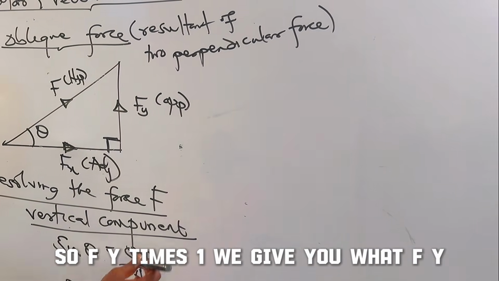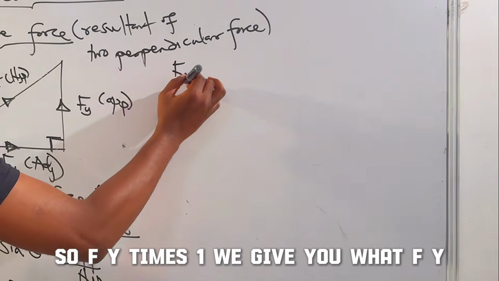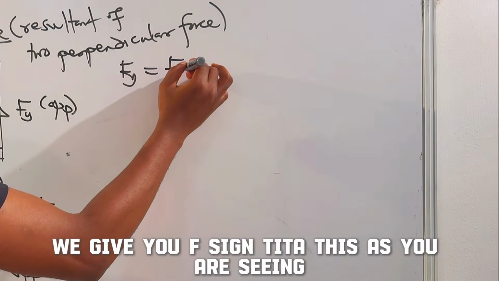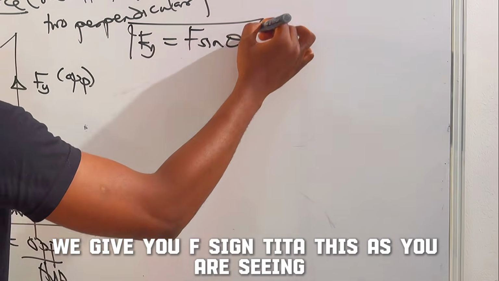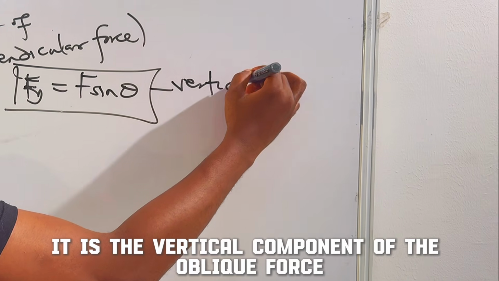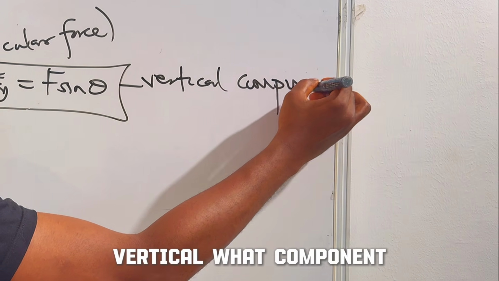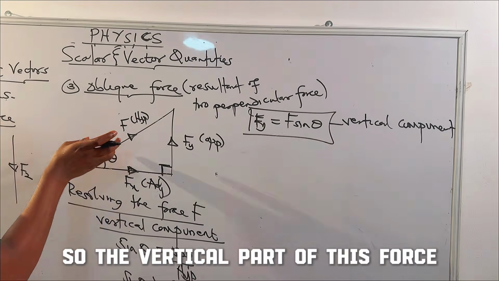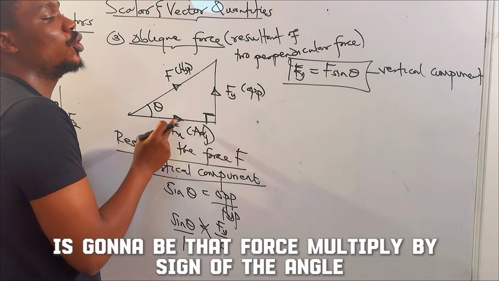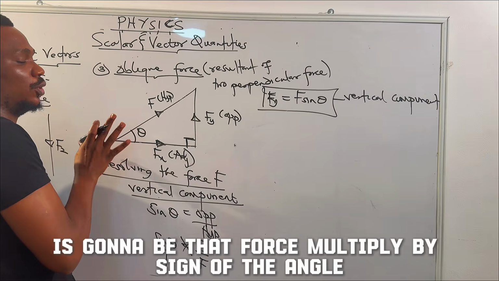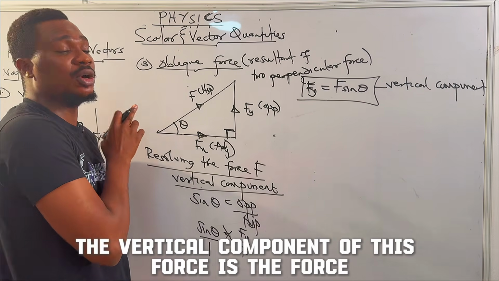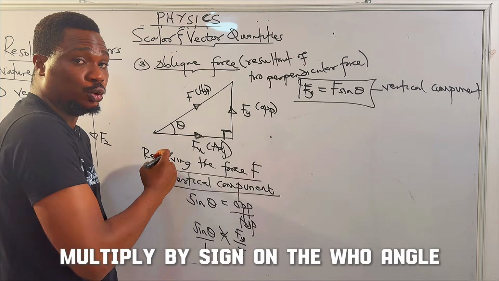Fy times 1 gives you Fy, and this times this gives you F sine theta. This is the vertical component of the oblique force. So the vertical part of this force, provided that this force makes an angle with the horizontal, is going to be that force multiplied by sine of the angle. Don't stress it. Once it is angled to the horizontal, the vertical component of this force is the force multiplied by sine of the angle.